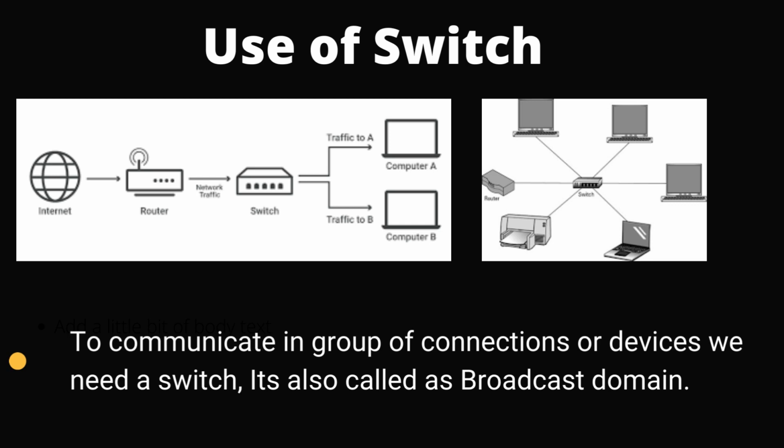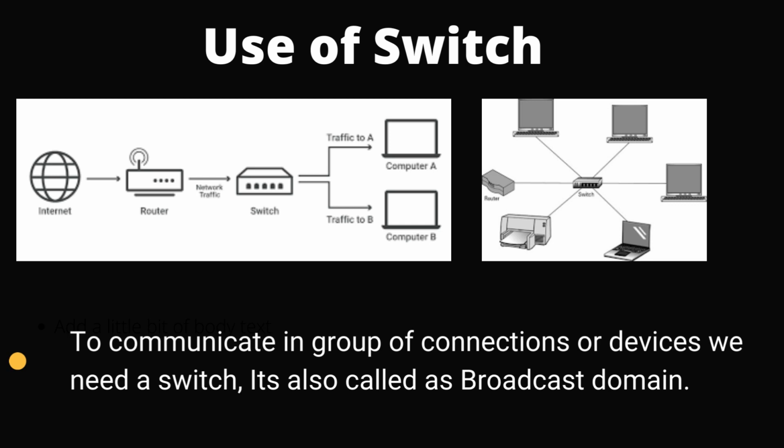All the devices that have Ethernet ports can connect to a switch. Any device that has a MAC address can communicate via the switch, because a switch is layer 2, which uses MAC addresses for communication. So to communicate within a group of connected devices, we need a switch. It's also called a broadcast domain.